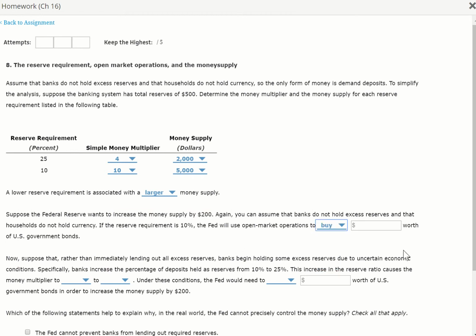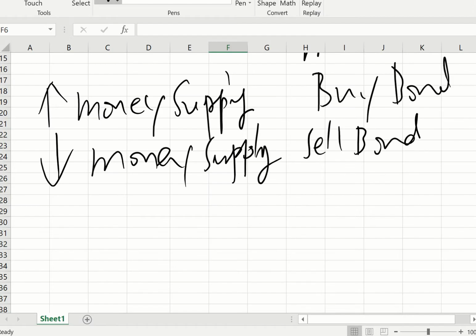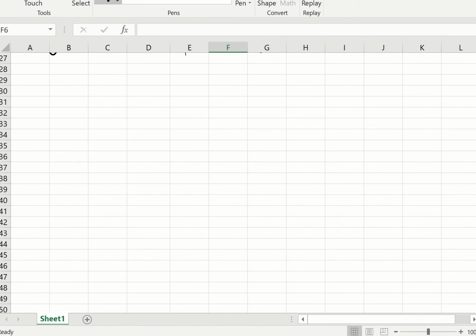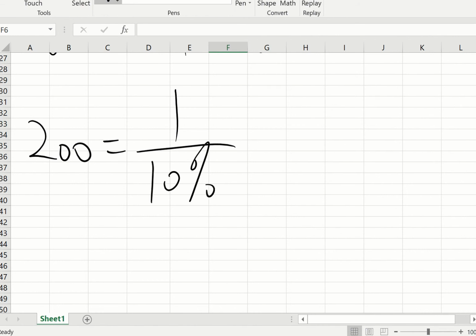Now, you don't have to buy $200 worth of bonds, because remember the money creation formula is the new deposit times the money multiplier. Your goal, your money creation, is $200, and your required reserve is 10%, so your money multiplier is 1 divided by 10%.